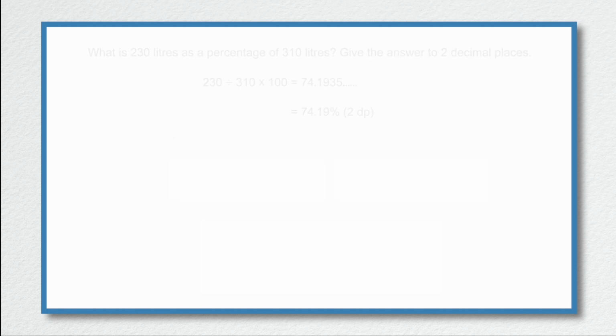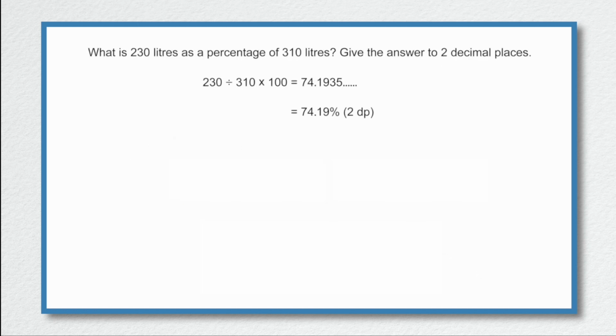And if we go back to the question from the previous video, where we had what is 230 litres as a percentage of 310 litres, when we did the calculation in the calculator, we had 230 divided by 310 multiplied by 100. And this is equal to 74.1935 and so on. And this rounded to 74.19% to 2 decimal places.